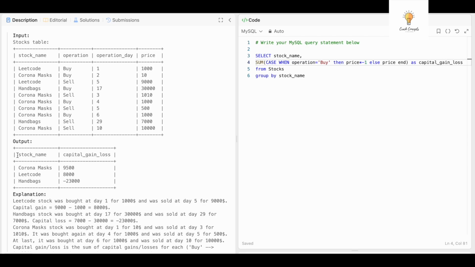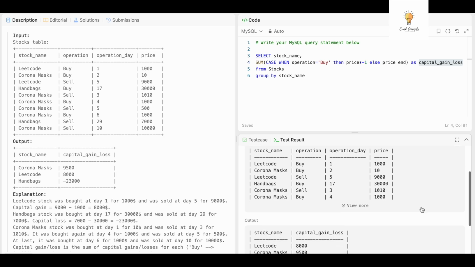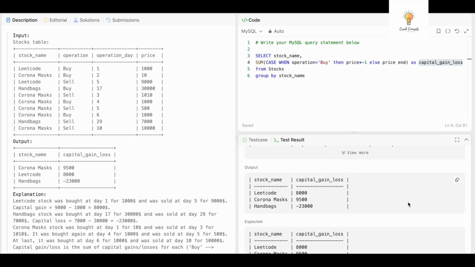Our output just needs these two columns, stock name and capital gain or loss. Stock name is here and this is our capital gain or loss. Let's run it. This is our input and this is our output, which is exactly the same, which is correct.